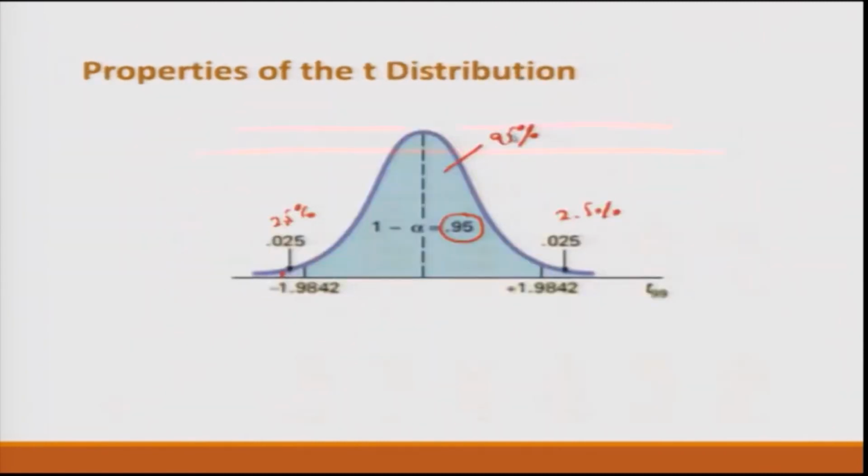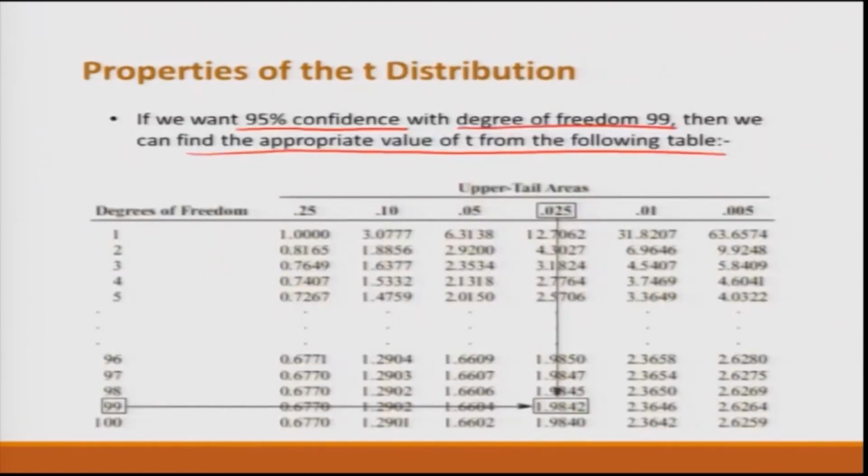So, at 95% for two tail test, this is the value. The degrees of freedom here are 99. This is the value of the t statistic here.